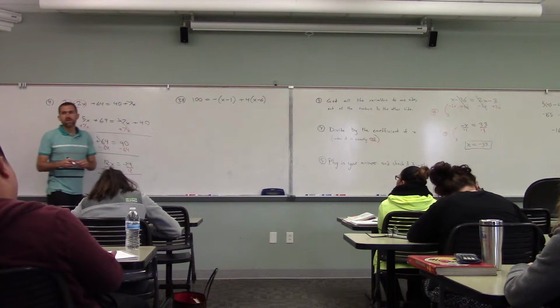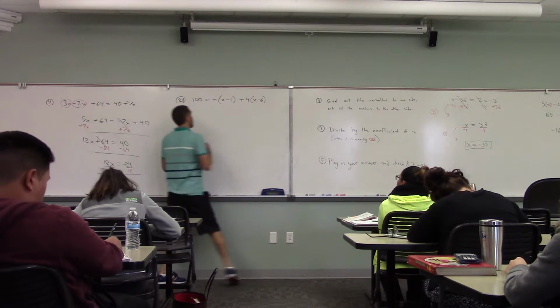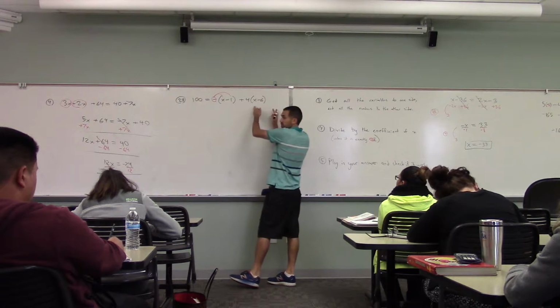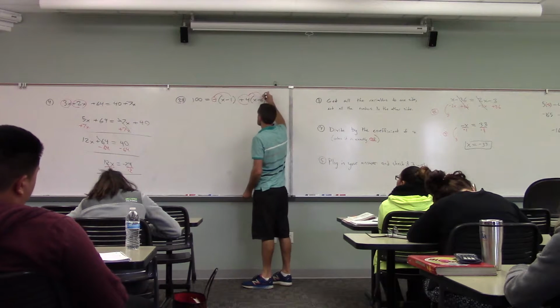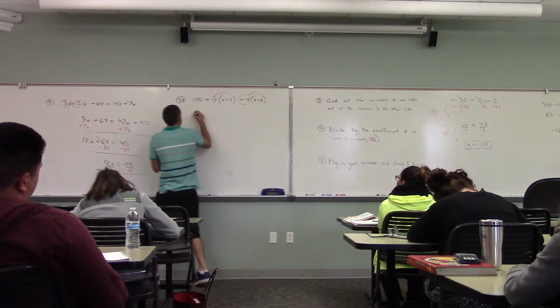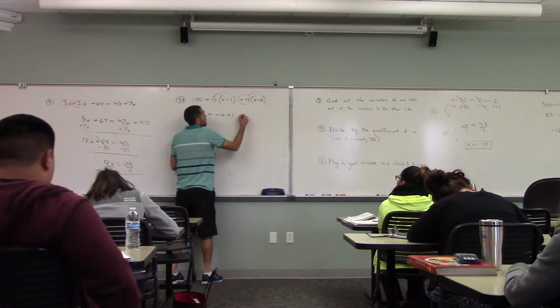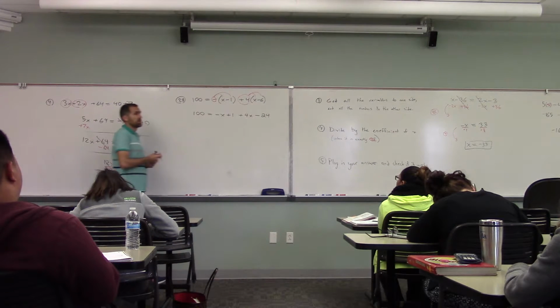First step, distribute what? Yeah, so first distribute this negative, and since it's a totally separate term, I'm going to circle the positive sign just so we never forget a sign. So yeah, it's 100 equals negative x plus 1 plus 4x minus 24.